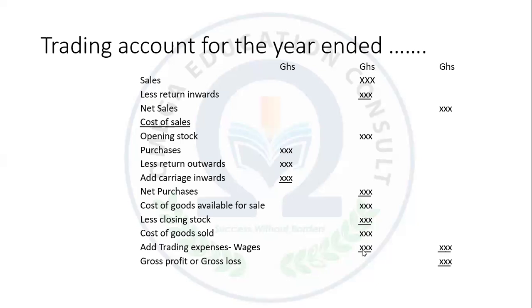So immediately you add your trading expense, that final figure is cost of sales. And on the same line, you can put it under the net sales or the third column. If you move to the next line and do that, nobody will penalize you. Let me demonstrate that here for you to appreciate it.